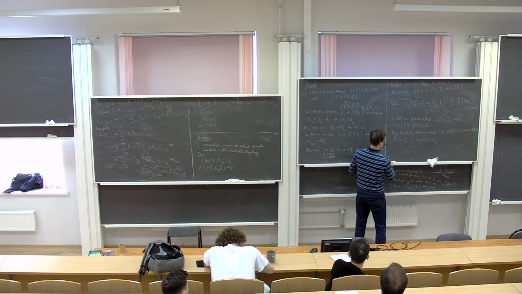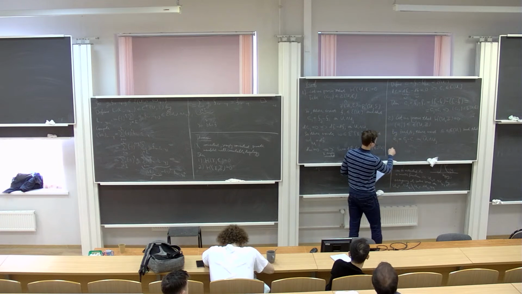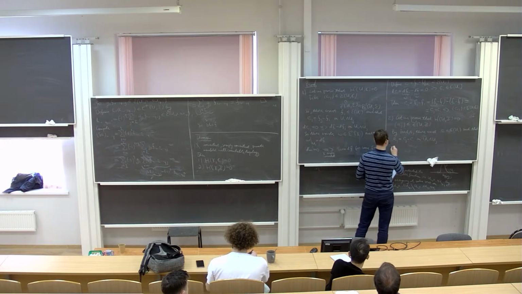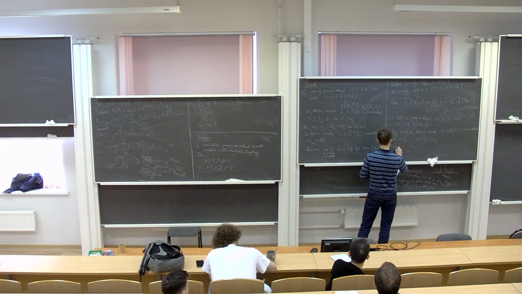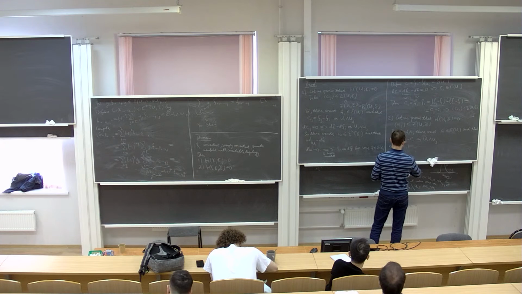So this Aij is an integer, so we have that exponent 2 pi i Aij is equal to 1.